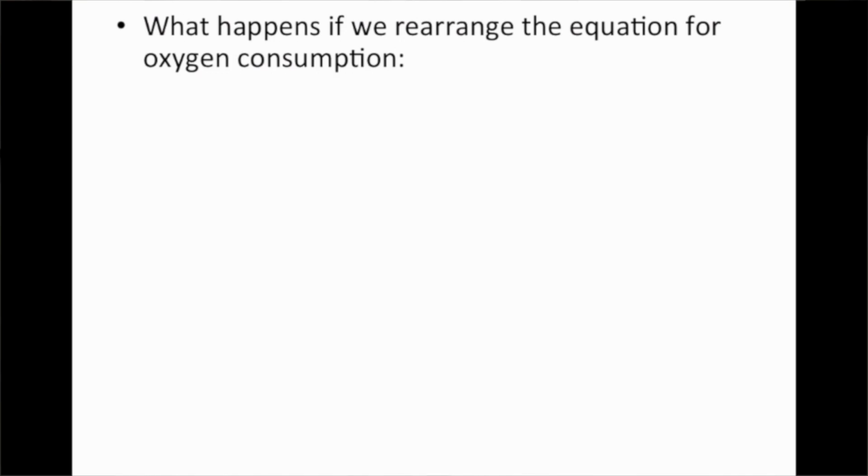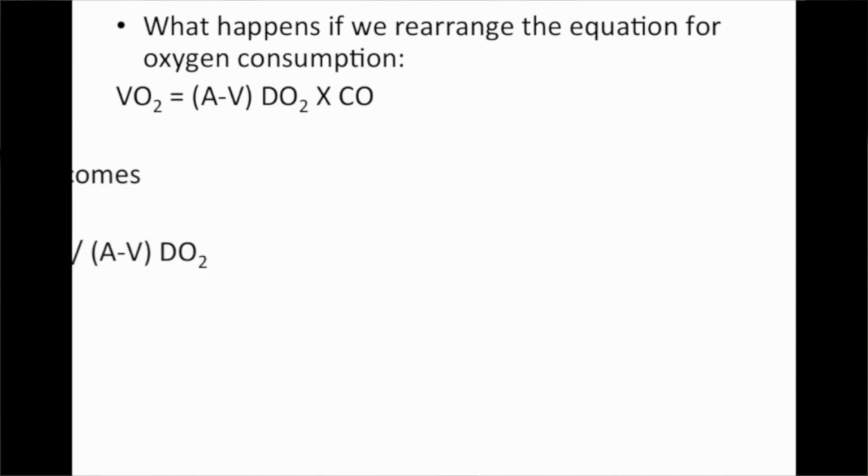But there's more excitement here. And again, if you rearrange this equation that we just came up with, you can solve it for cardiac output. Let's direct our attention again towards the slide, and you can see that the equation we had before, that the AVDO2 times the cardiac output is oxygen consumption.